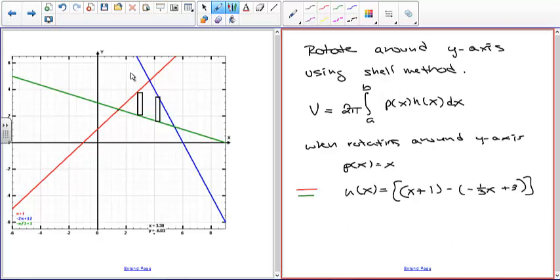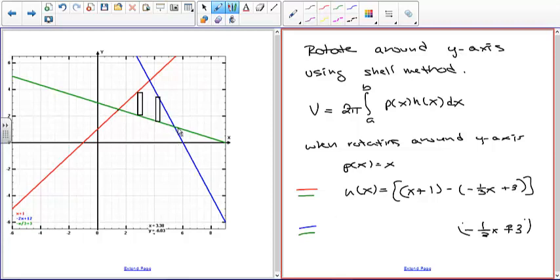Now for the next part, which has blue on the top and green on the bottom, so that's the blue-green. Now the blue curve is on top and the green curve is on the bottom. So you're still going to have this negative 1/3 x plus 3. That's the green part.